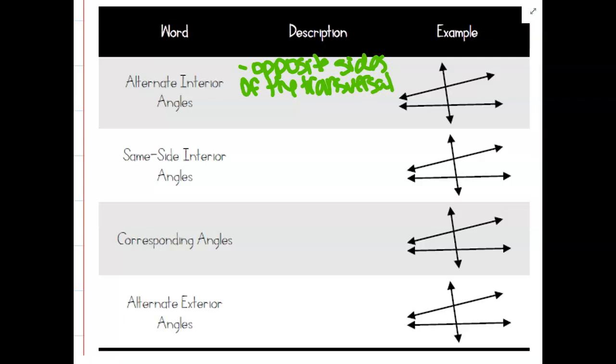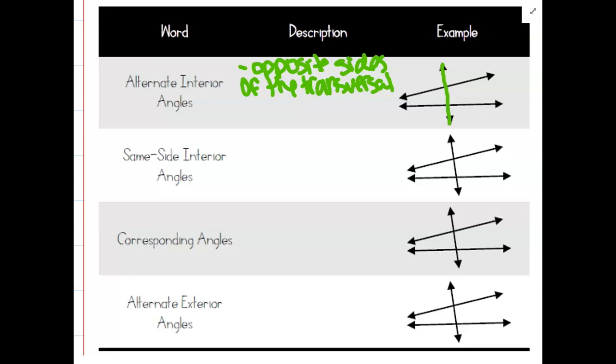So the first thing I do is find your transversal. Your picture is always going to be oriented this way, though we could flip it. You find your two lines. The transversal is the line that intersects them. Since they're alternate, one of my angles is going to be on the left side of the transversal and one on the right side.